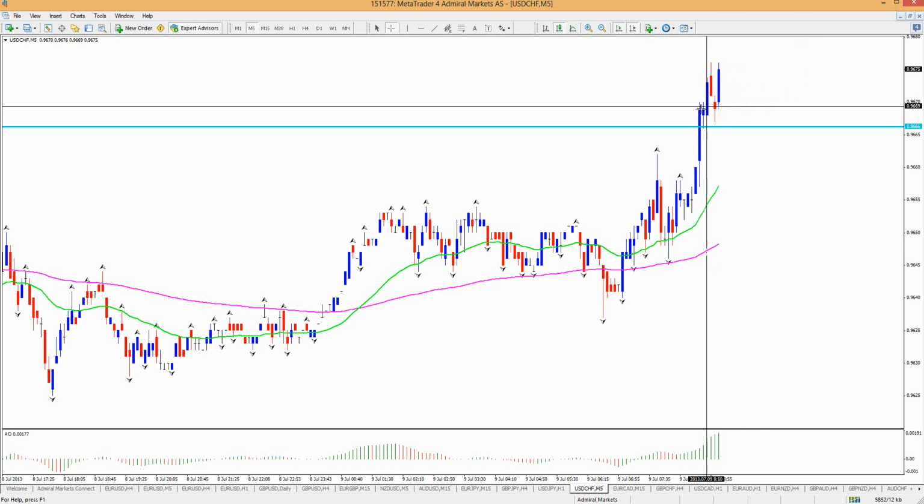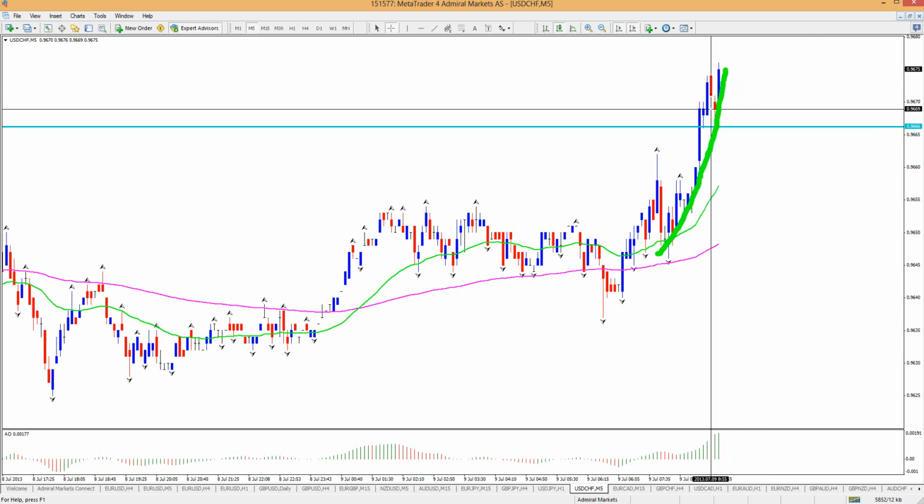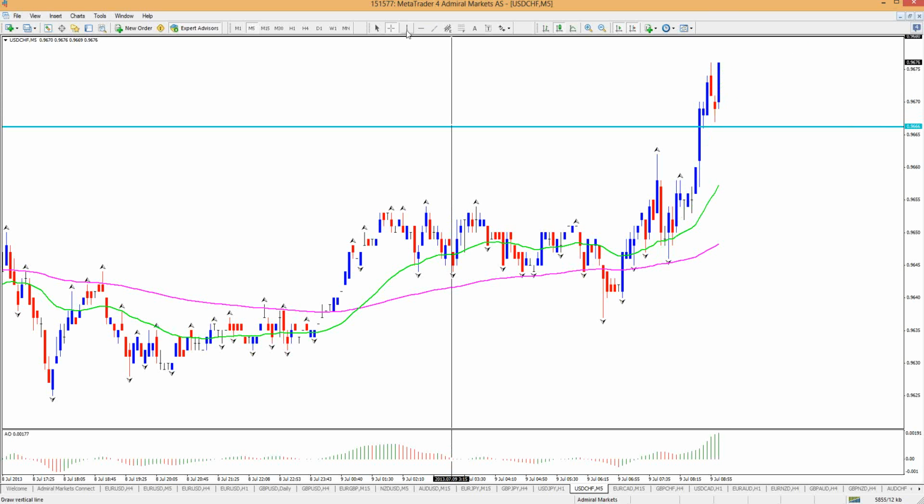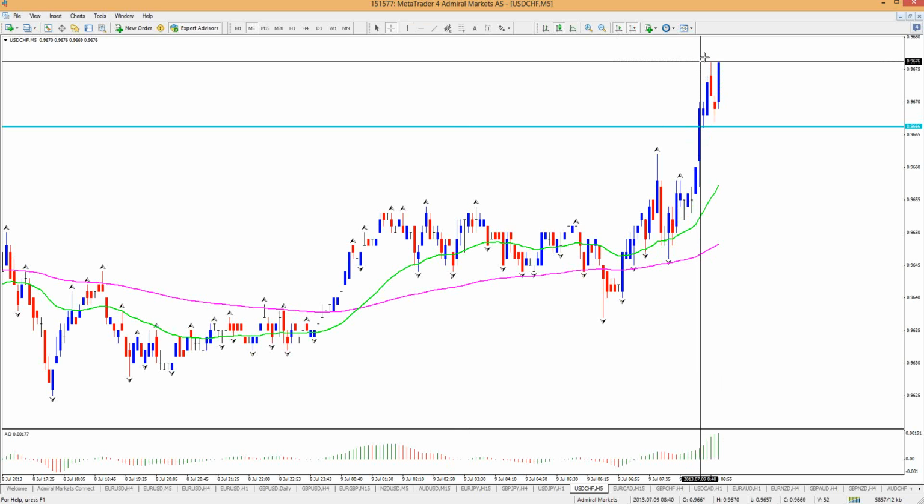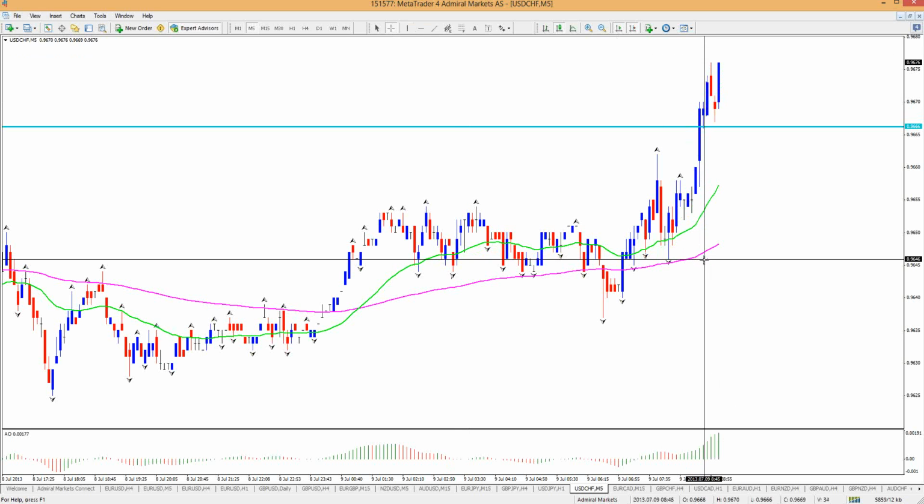All right, because otherwise we're still in one movement here. A break of this high would be, the thing is that if we break this high, it would be 96.80. The next fractal is all the way here at 96.40.